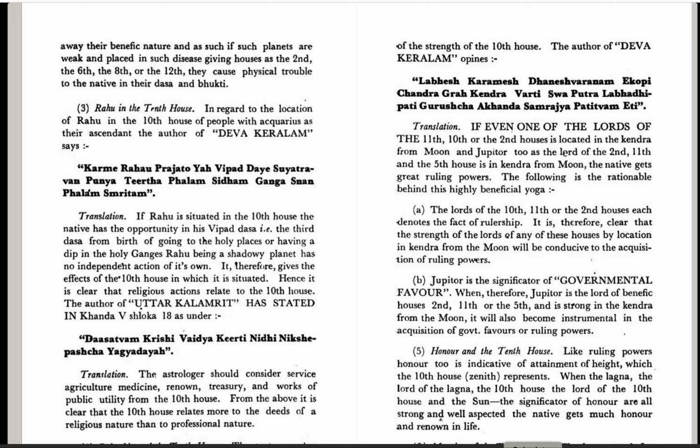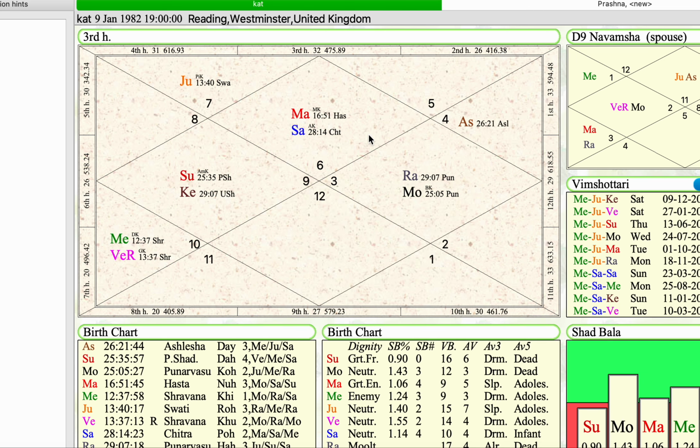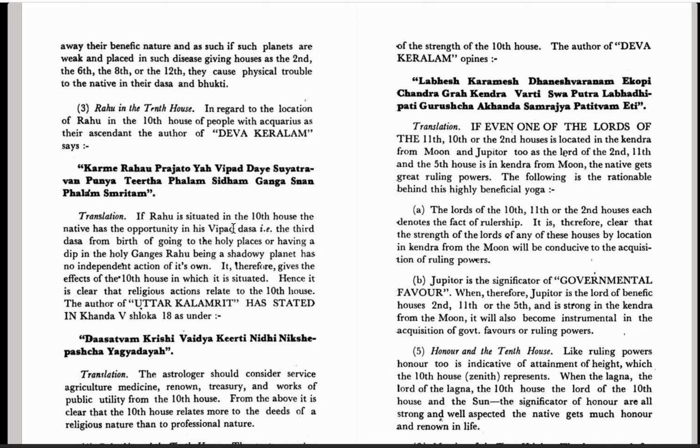Okay. So he's saying if Rahu is in the 10th house, if Rahu is here, for example, a person goes and takes a dip in the holy Ganges. Why? Because Rahu is retrograde and giving the result of the 9th house also. But he is saying something big, though I think his point of view is something different.